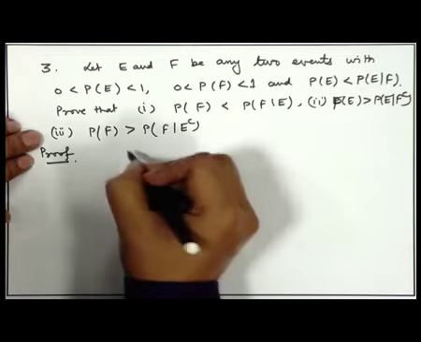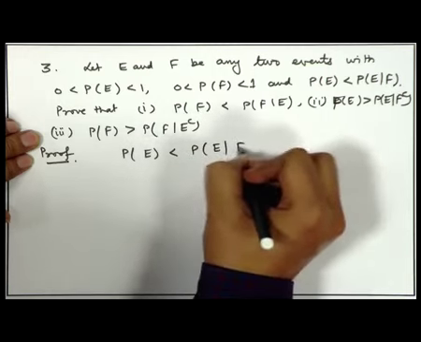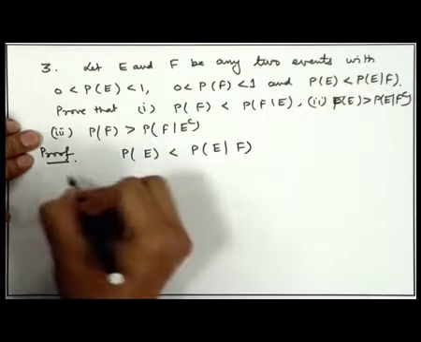Now, it is given that probability of E is less than probability of E given F, that is the condition given there.